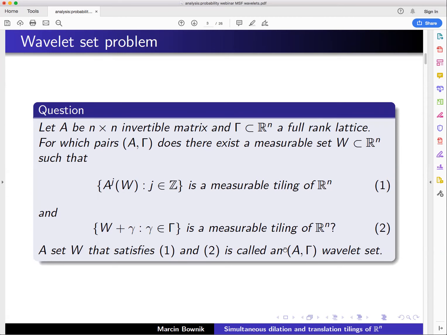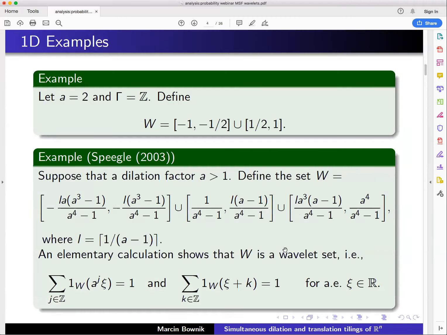Some of you may not have seen what a wavelet set is before, so let's start with some easy one-dimensional examples. The easiest example is when the dilation is 2, we are in one dimension, and the lattice is just the integers. This is the set W, the union of two intervals, from -1 to -1/2 and from 1/2 to 1.